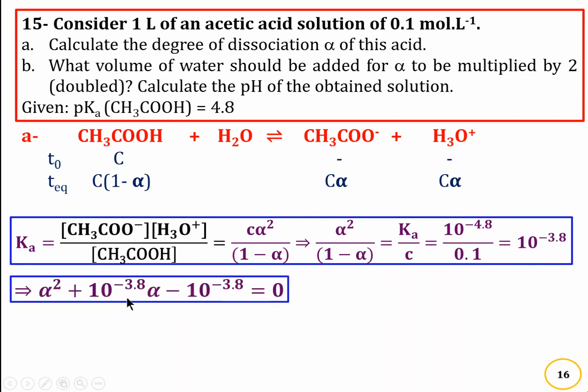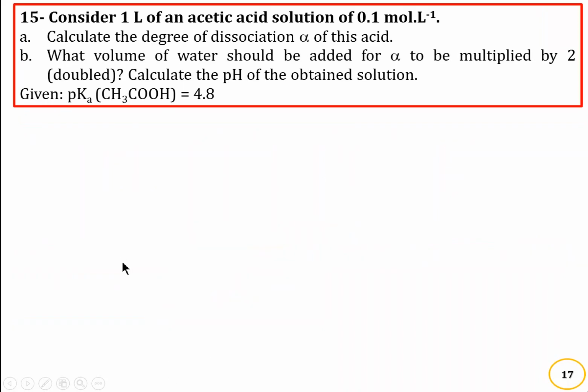We have to solve the second degree equation, and we will find that alpha equals 0.01258. We pass to part B. What volume of water should be added for alpha to be multiplied by 2?